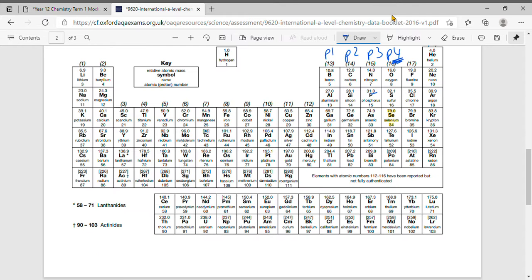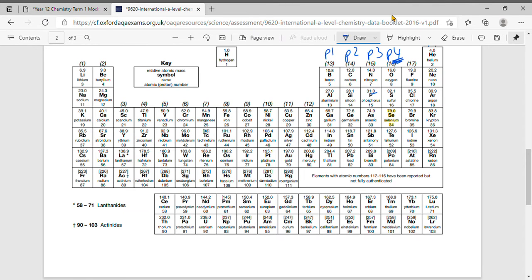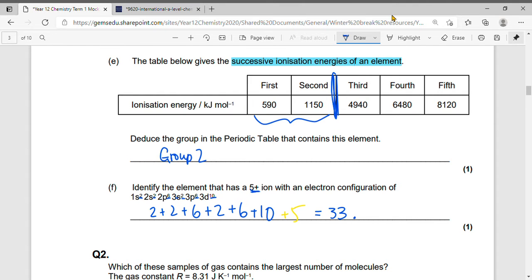So what element has the electron number of 33? Arsenic.